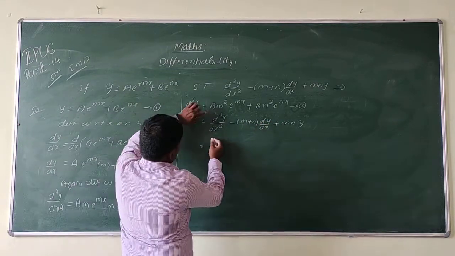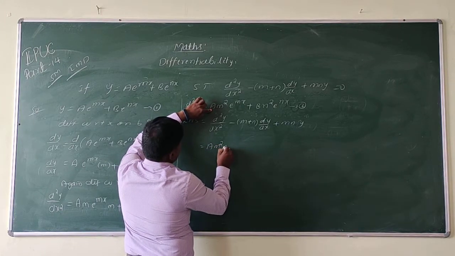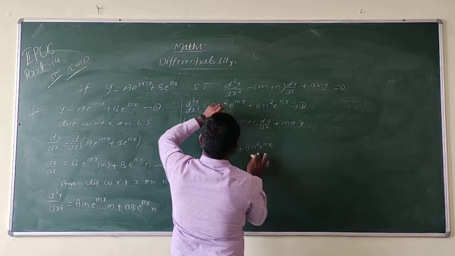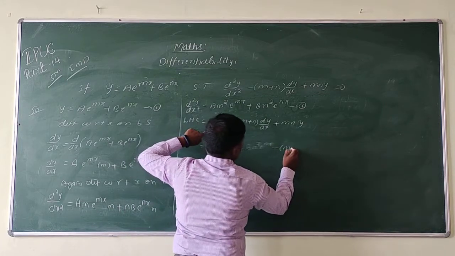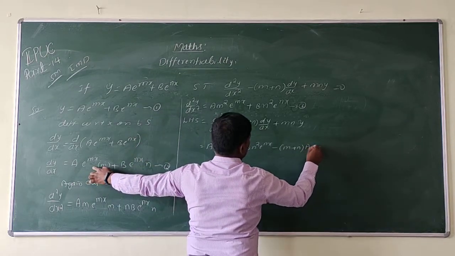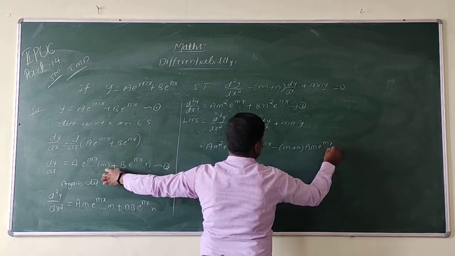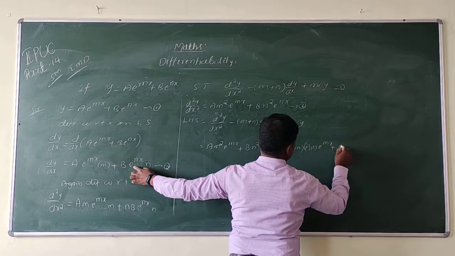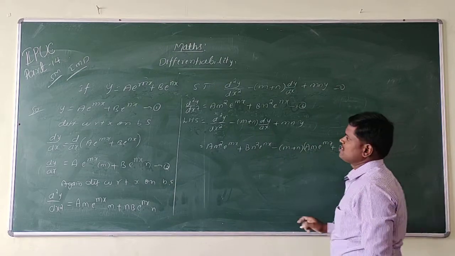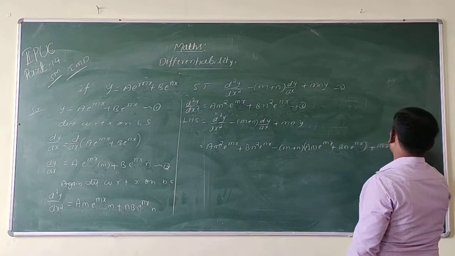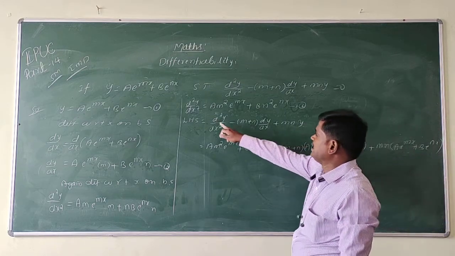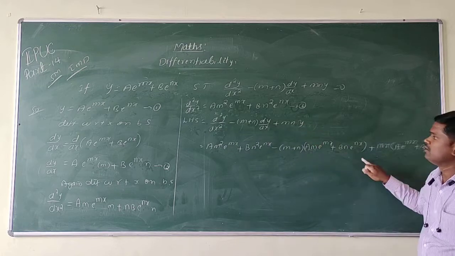Then we get a into m square into e to the power of mx plus b into n square into e to the power of nx, minus m plus n into dy by dx, that is a into m into e to the power of mx plus b into n into e to the power of nx, plus m n into y, that is a into e to the power of mx plus b into e to the power of nx. So we are just substituting d square y by dx square, dy by dx and y in the given equation.